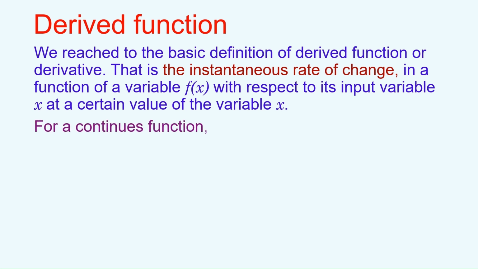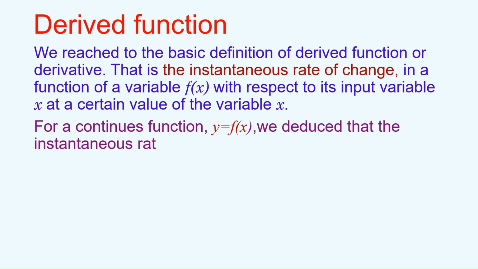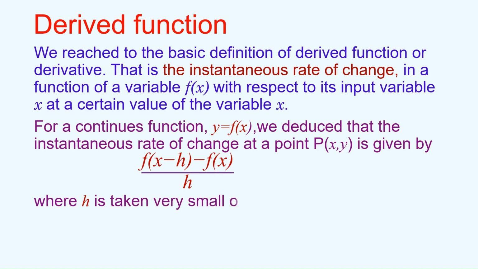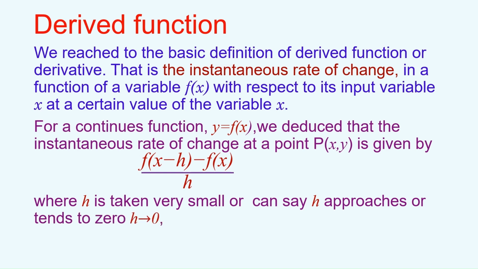For a continuous function y equals f(x), we deduced that the instantaneous rate of change at a point P(x, y) is given by (f(x plus h) minus f(x)) whole divided by h, where h is taken very small, or we can say h approaches or h tends to 0.